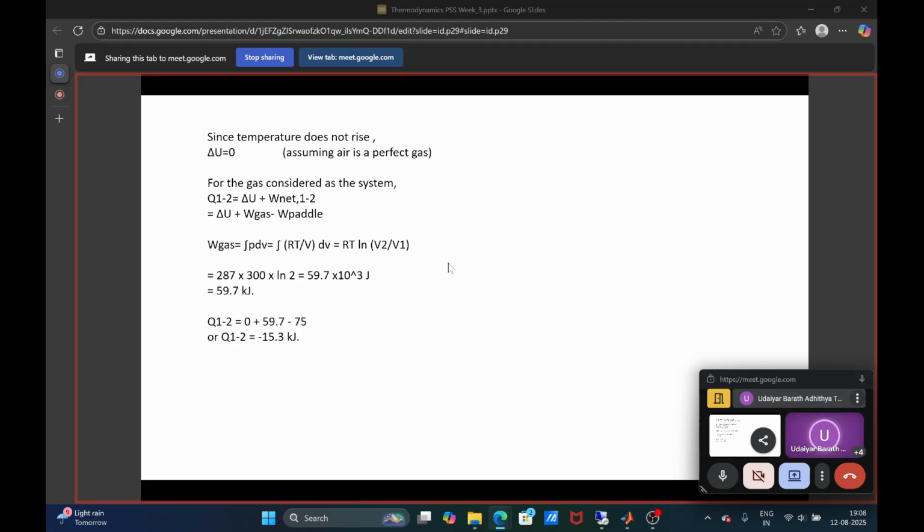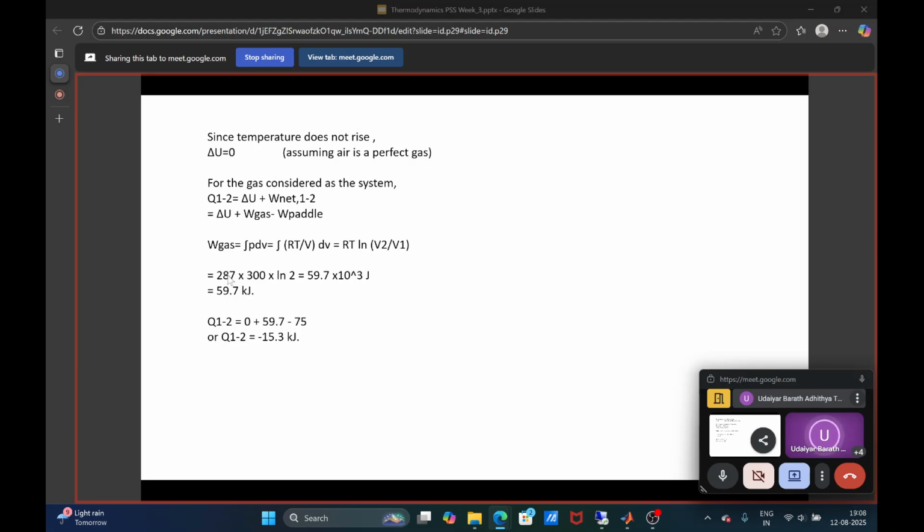The gas work is the integral of P dV. Since the temperature is constant, we can assume for an ideal gas P is RT by V. Integrating, we get RT ln V2 by V1. So this is the work done by the gas.